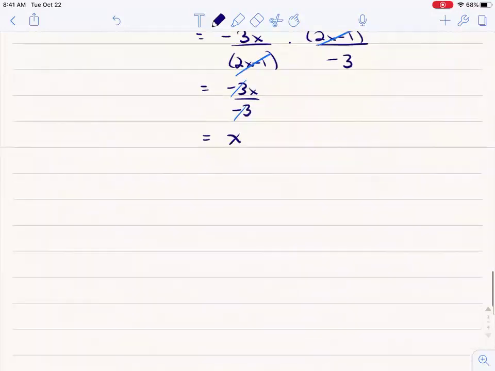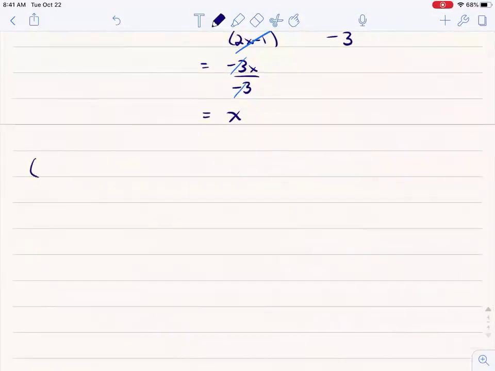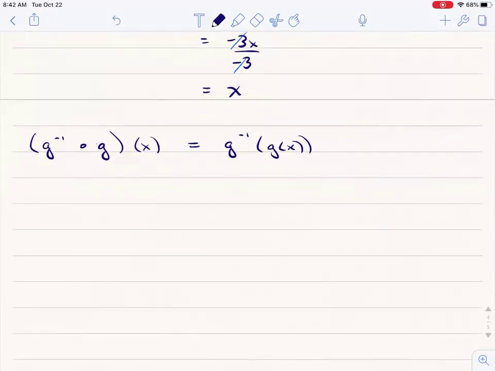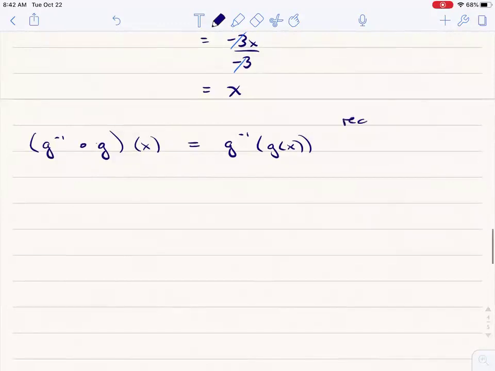All right. G inverse composed with G of X is the same as the inverse of G of X. So same idea. We take G of X and we plug it in wherever we see an X, or a T, or whatever variable, in the inverse. I'm going to do a little recall.